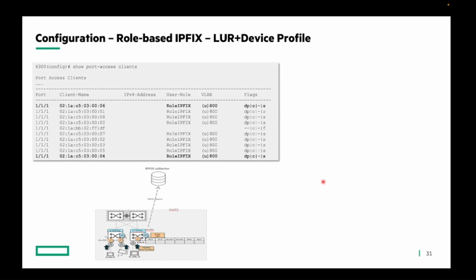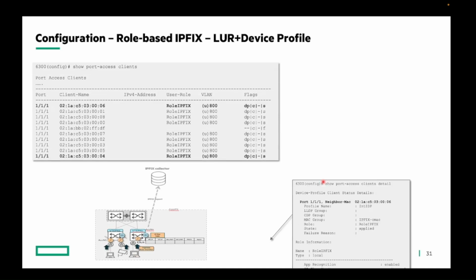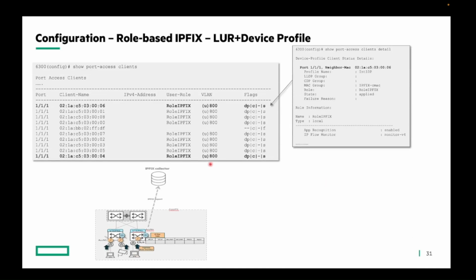Okay. To validate, I'm using the same LUR plus device profiling. Whatever configuration I've done in the previous slide, to validate that, show port-access clients. 02:1A:C5 was the MAC OUI, and I'm seeing all of these are getting the role IPFIX, which I defined in the configuration.